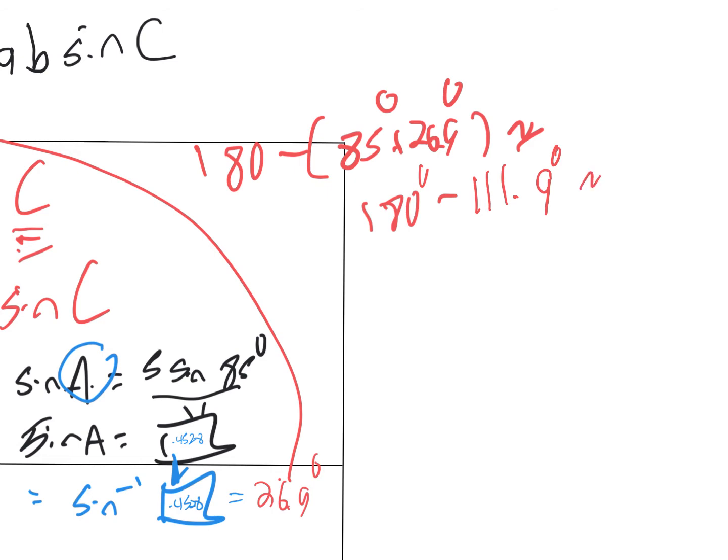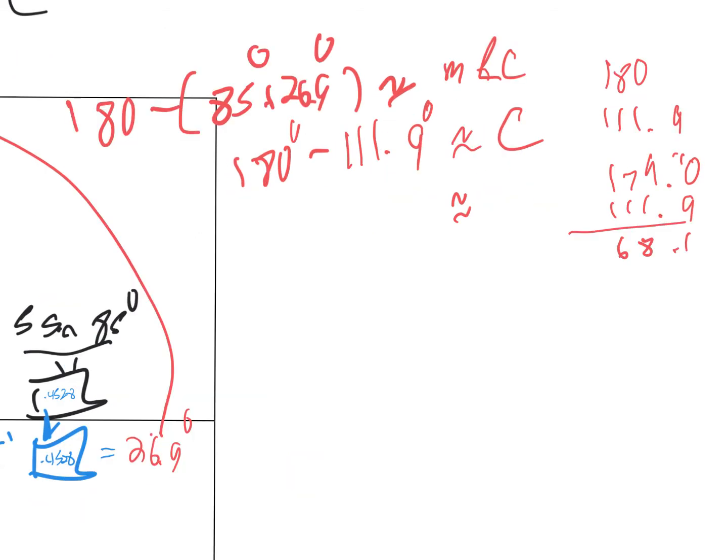So I'm looking at angle C, the measure of angle C is approximately 180 minus 111.9, that would give me, just did the work, 68.1 degrees, I think. You can tell me if I'm wrong or not.